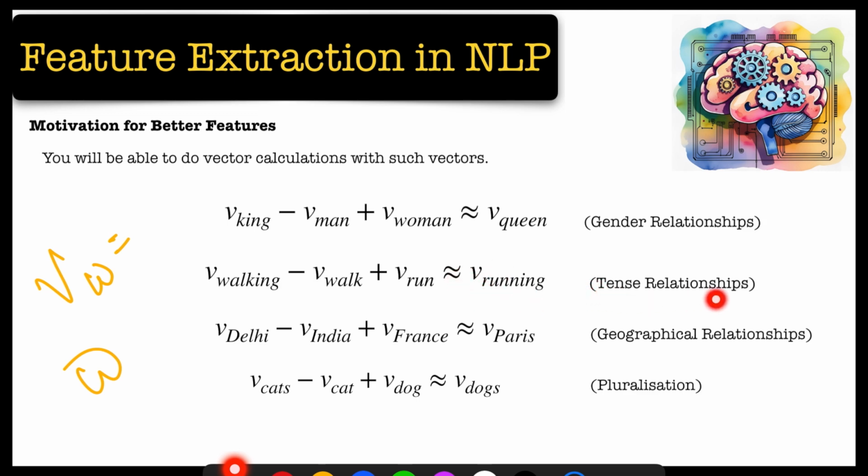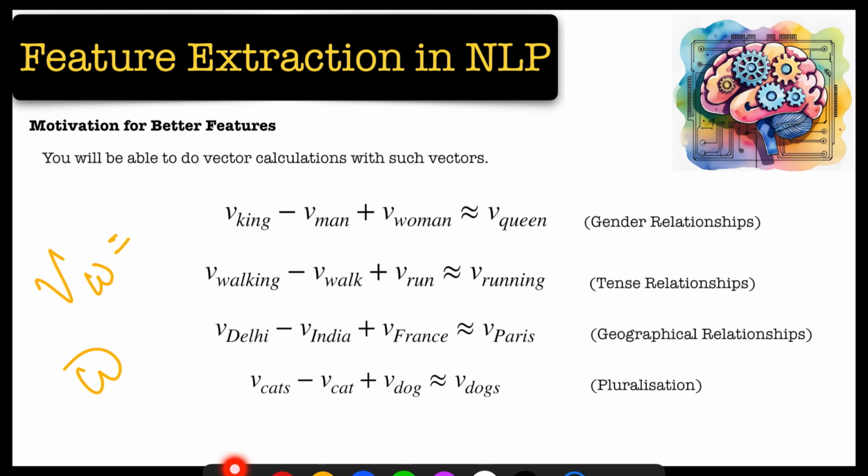That is a tense relationship we can capture. V(Delhi) minus V(India) plus V(France), we get V(Paris). It's a geographical relationship it is capturing. V(cats) minus V(cat) plus V(dog), we get V(dogs). Some pluralization. I'm just giving a few examples to understand the type of meaning we want to capture in this vector.